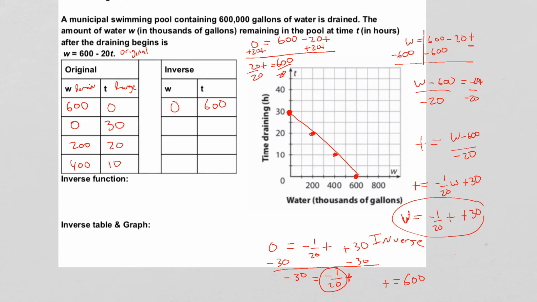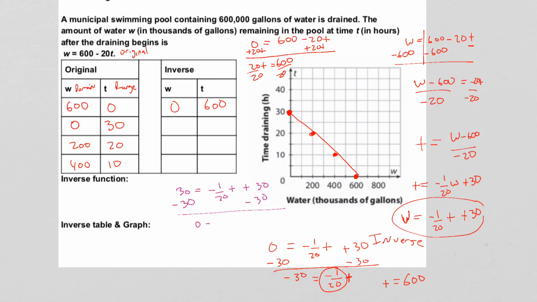So basically, I'm going to fill in the rest of these points. We know the first one worked. We can try another one. If w was 30, equal to negative 1 over 20 t plus 30, and I'm using the inverse, subtract 30 from both sides.